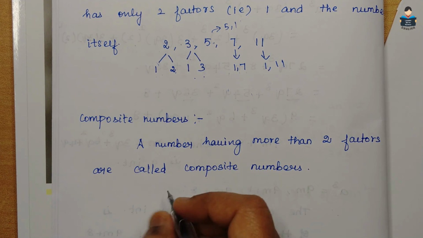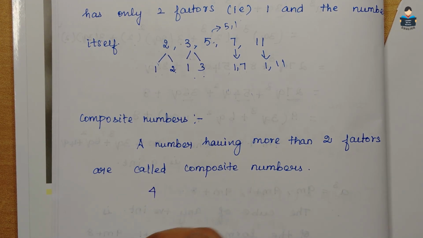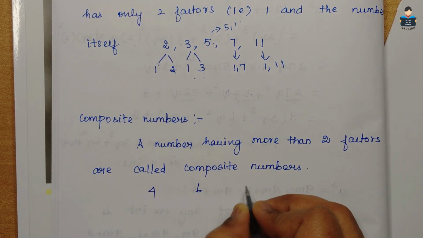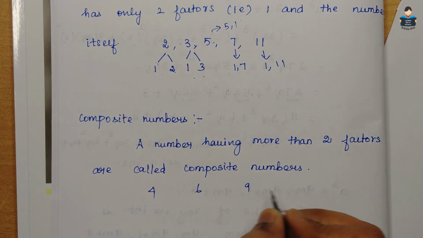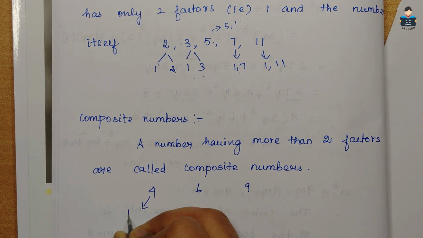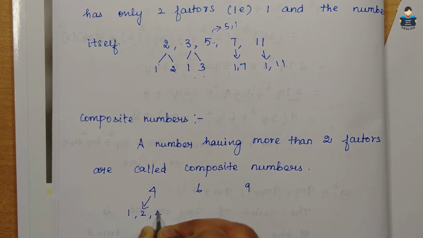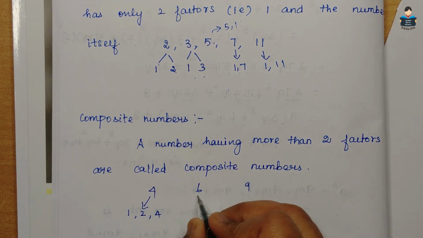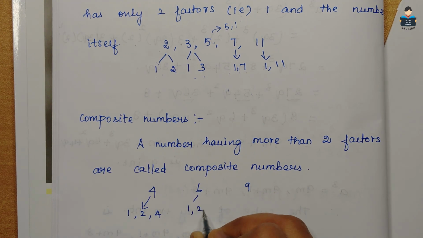For example, if we take 4, 6, 9, the factors of 4 are 1, 2 and 4, and similarly for 6, 1, 2, 3 and 6.